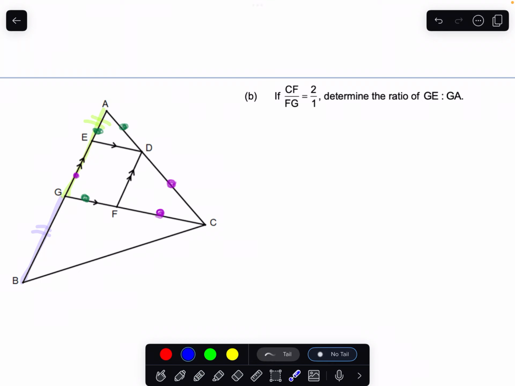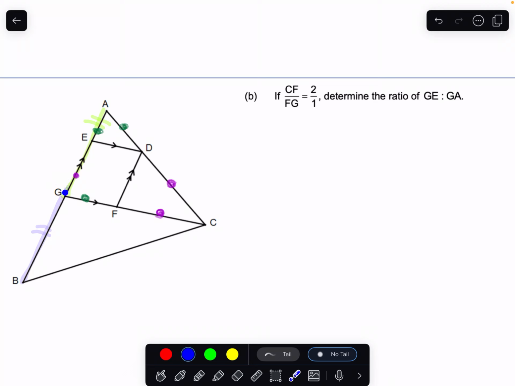We are now told, if CF to FG is 2 to 1, so this is double this one, determine the ratio of GE to GA. So this is 2 parts, this is 1 part, so this would be 3 parts.